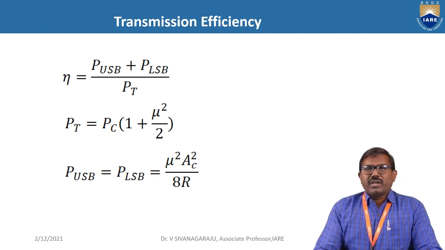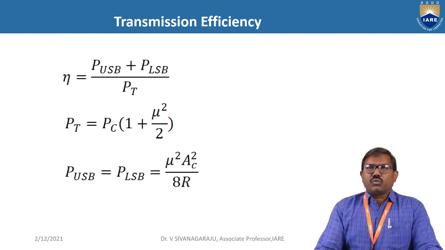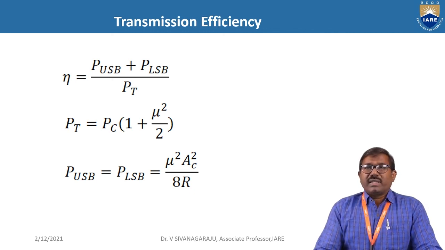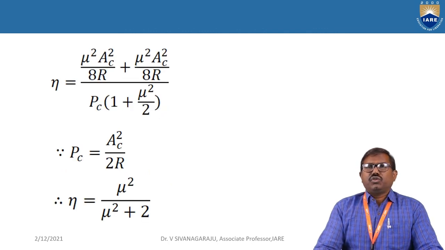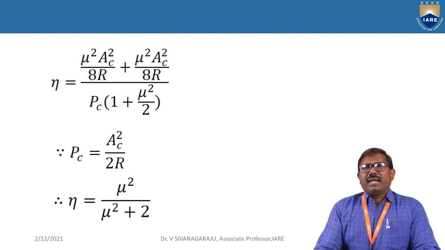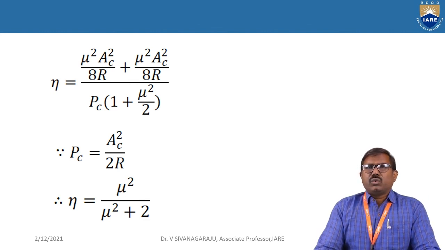And power of USB and power of LSB are both equal, that is mu square AC square by 8. Okay. So you substitute the upper sideband, lower sideband and PT, and you get this. So finally, efficiency is equal to mu square by mu square plus 2. After solving this equation, we get that. Since PC, the carrier power, is AC square by 2.